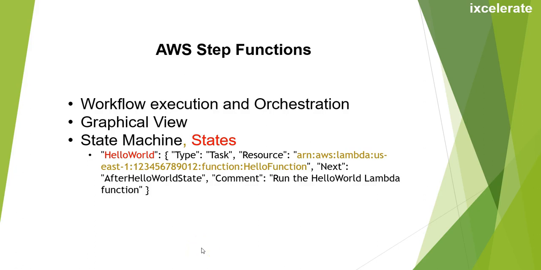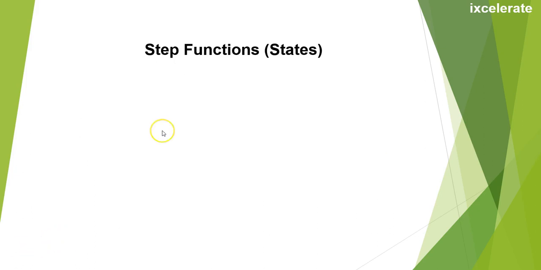The type of the state is task, and this task is calling a lambda function, the ARN of which you can see right here. So this is how you can create a state, and we'll see the different types of states in the next slide. Let's look at the different types of states which are available inside step functions.